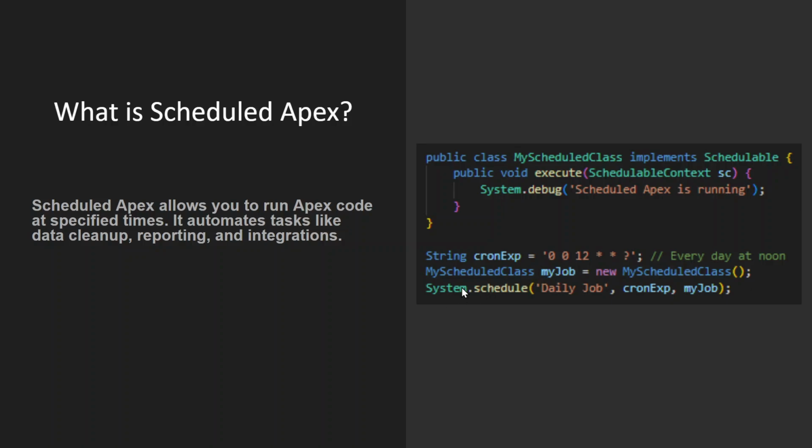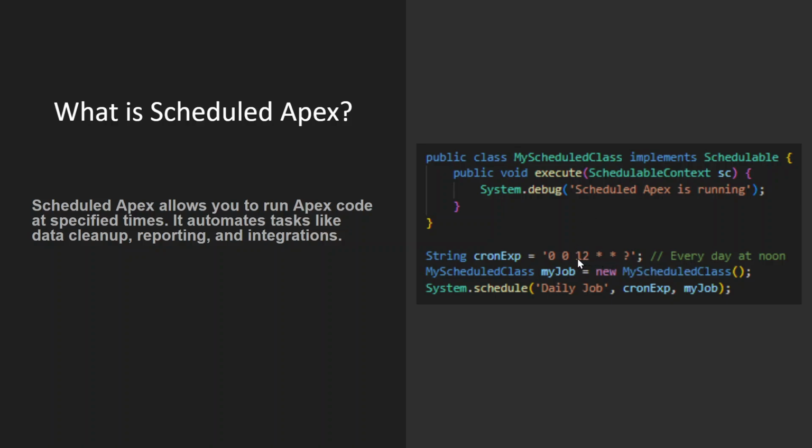So you can schedule the Apex class with this method system.schedule, and you can pass the name of the scheduled job, and you can pass the cron expression. This cron expression is the string which tells the schedulable method at what interval the Apex class should be scheduled.